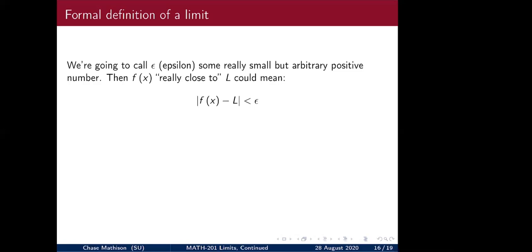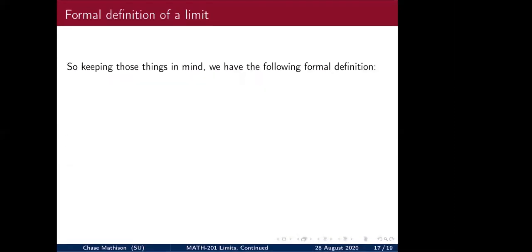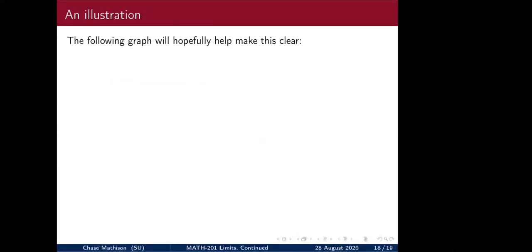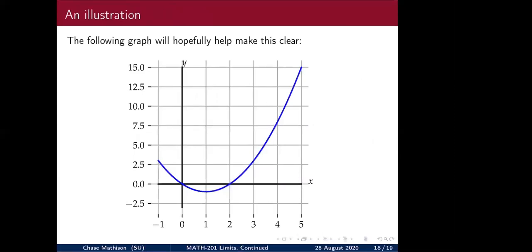Okay, so in other words, if we're looking at a graph, let me move on a little bit. I'm coming back to this, I promise. If we're looking at a graph and here's some L. Then here's L plus epsilon, and here's L minus epsilon. Then the absolute value of f of x minus L being less than epsilon is all of this stuff in between here, all those numbers in between there, okay?